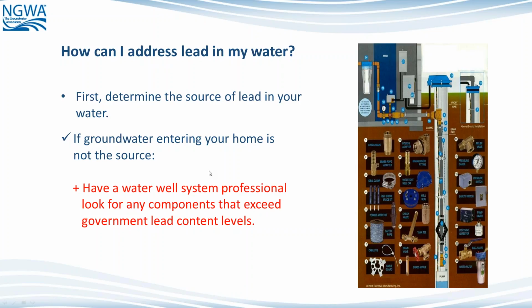If the groundwater entering your home is not the source, then have a water well professional look for any components that exceed the government lead contents. In other words, if it's not naturally in the well water, and usually it isn't, it has to be coming from a component through which the water is flowing or that the water is in contact with.